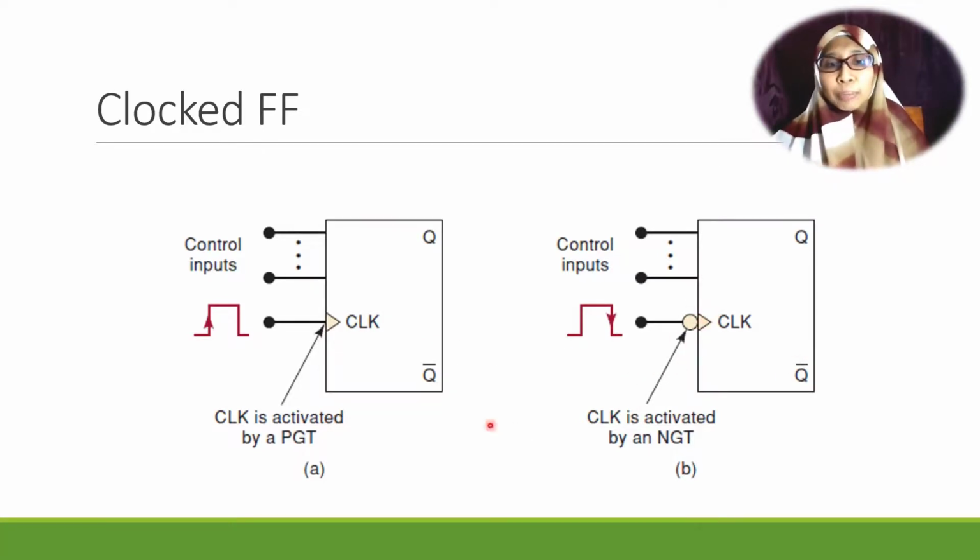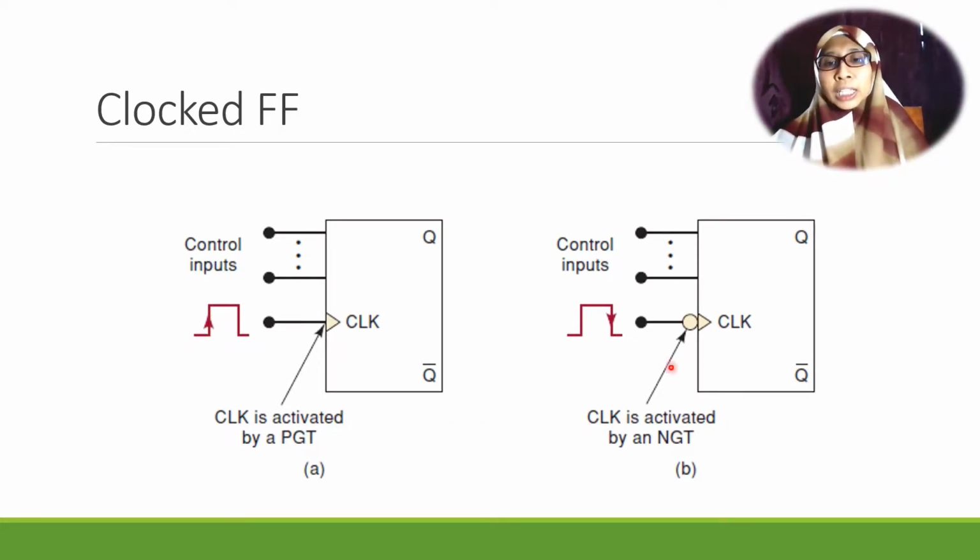So what is the difference between the two clocks? For this one, the triangle without the bubble indicates the PGT, positive going transition, where the transition occurs at the positive edge from 0 to 1.